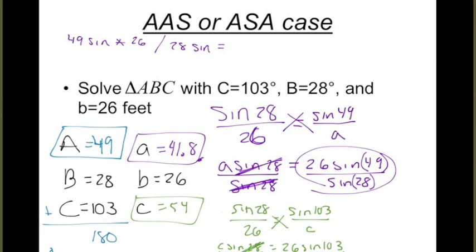So one thing I always double check once I'm done with a problem is that my biggest angle matches my biggest side, and my smallest angle matches my smallest side. That does not guarantee that your answers are right. But if your biggest angle is not with your biggest side, your answer is definitely wrong. So by doing that check, it doesn't guarantee your answer is right, but it will tell you for sure when your answer is wrong.